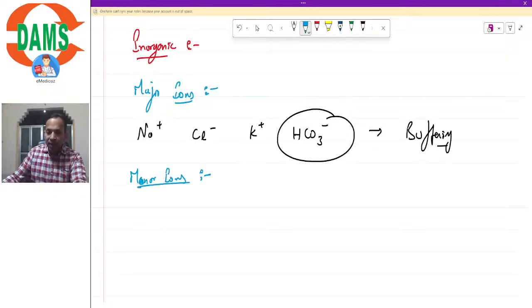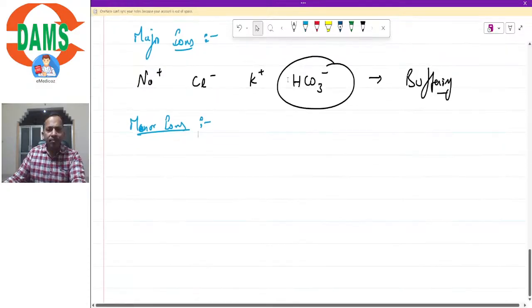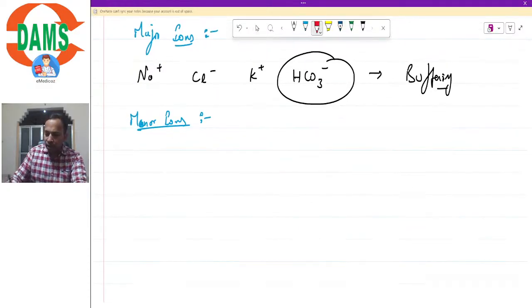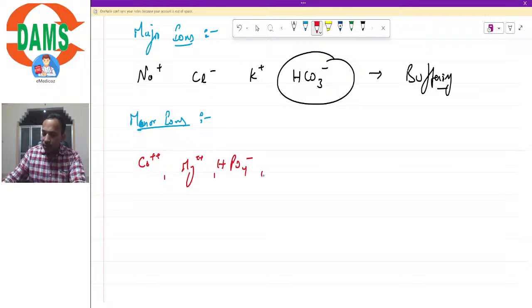So what are the minor ions? Minor ions, whatever you can remember that you would have studied in saliva, like calcium, magnesium, right, phosphate, iodide, thiocyanate, all these are minor ions. Fluoride, so all these are minor ions, isn't it?